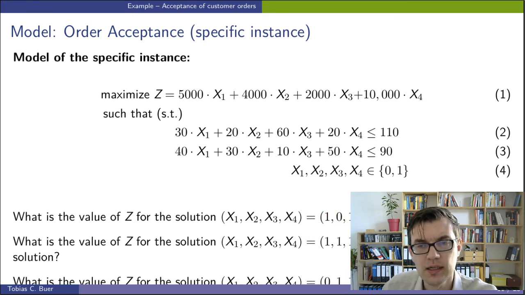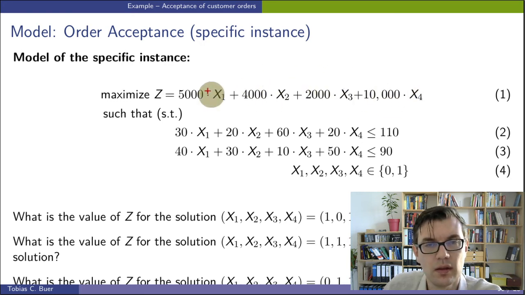Now, how do we calculate the value of this solution? We add 5,000 plus 2,000 is 7,000, and the other values are 0. So the value of the objective function is 7,000, and this is how we simply calculate the goodness of the solution.